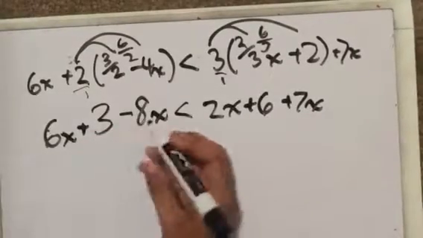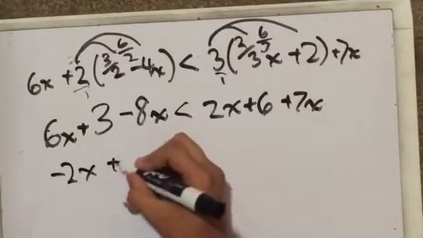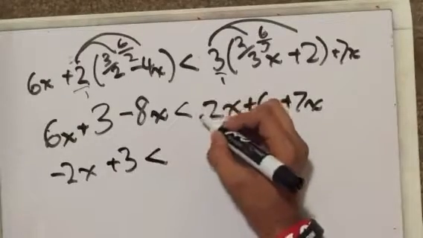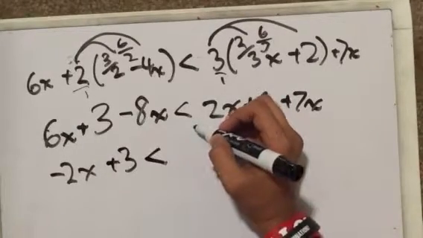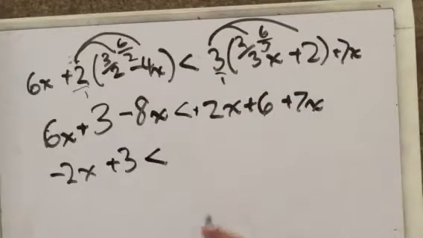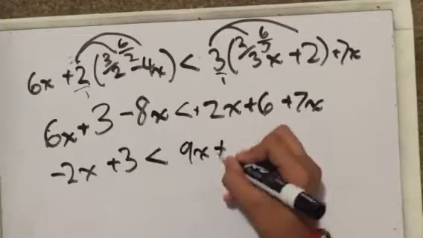So you can do 6x minus 8x, which equals negative 2x. And don't forget to include the constant, and then less than. Since there's no sign here, it'll automatically be positive, and then plus 7x. So positive 2x plus 7x equals 9x plus 6.